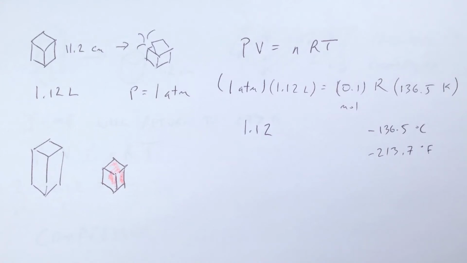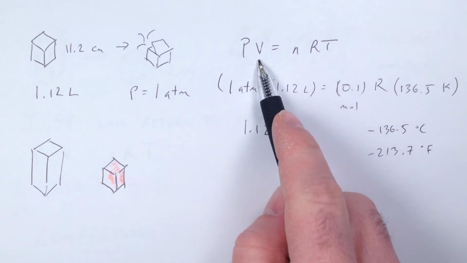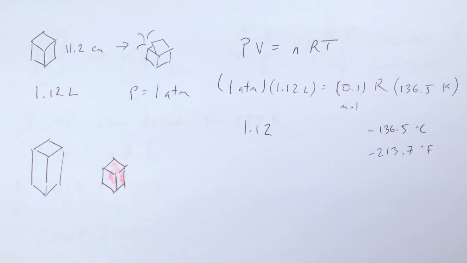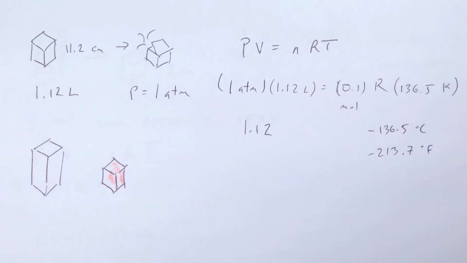The work can express itself as a change in pressure, or a change in volume, or a change in temperature. Basically, the physicality of whatever it is that you're doing the work on is going to determine which of those is the change. A piston is good at changing pressure because temperature can flow through it.